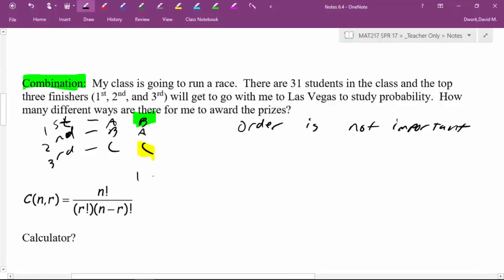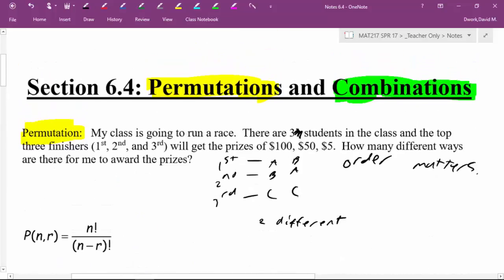That is still the same outcome. So this is just one outcome, and any way I arrange these three students, it doesn't matter. These three students are going with me on a trip to Las Vegas. It didn't change. With the prizes, these three students won the $100, $50, and $5, but the outcome does change because different students are getting the money. Okay?